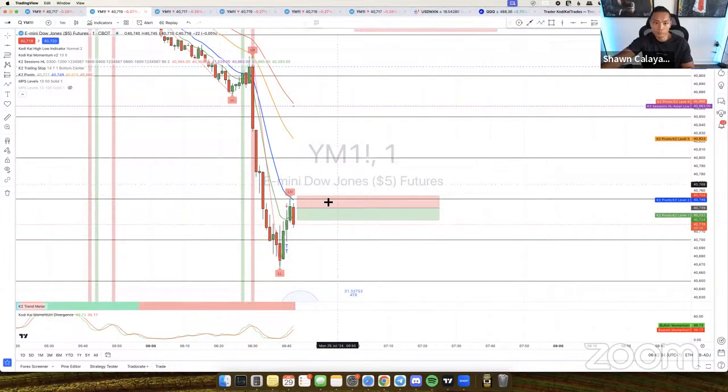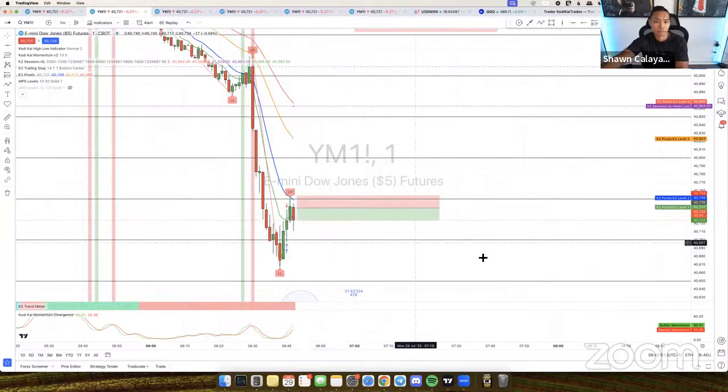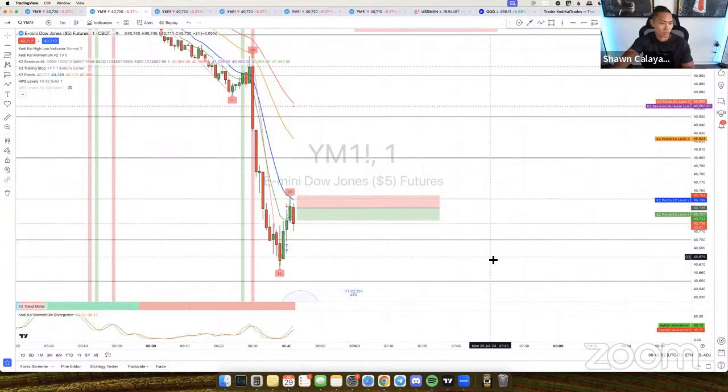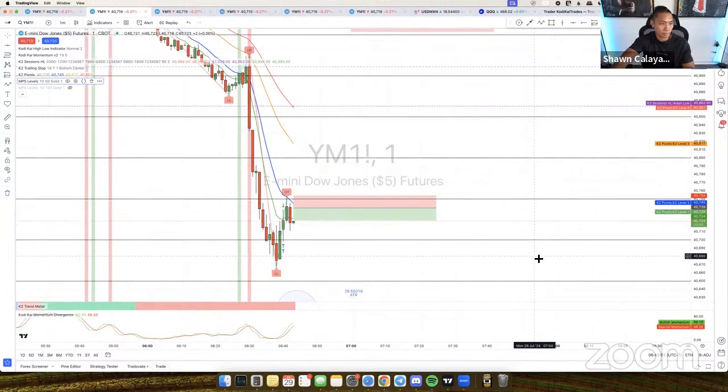There's no entry here anyways, but I'm waiting for it to come down, come back up, and come back down. I see a lot of buy orders just currently pending right now. All right, let's see. I need this to swing back up on this next candle and come right back down.